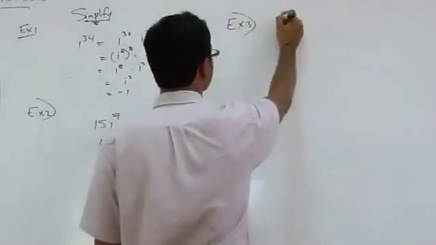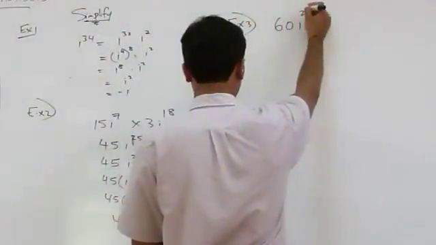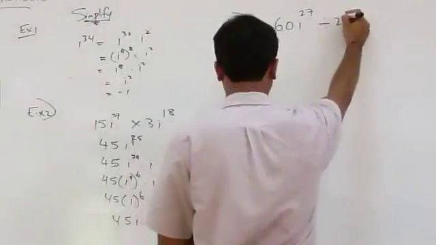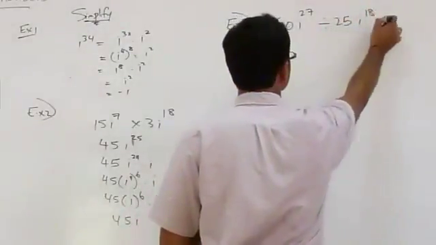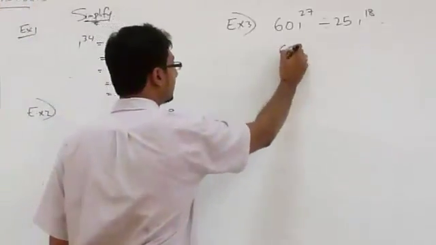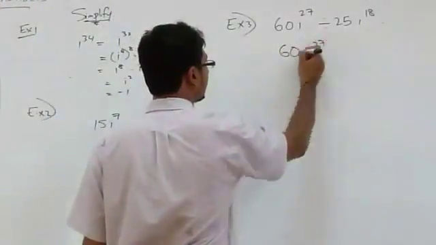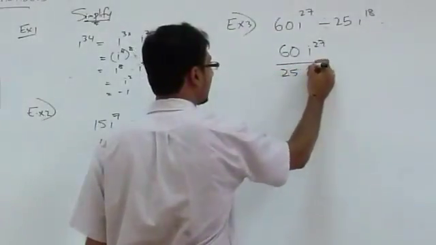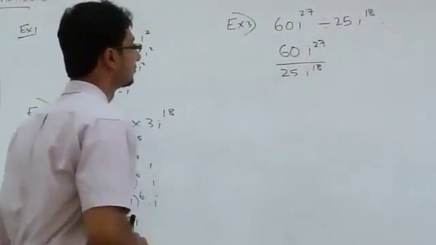Example 3. This one, division. Simplify 60 i²⁷ over 25 i¹⁸.